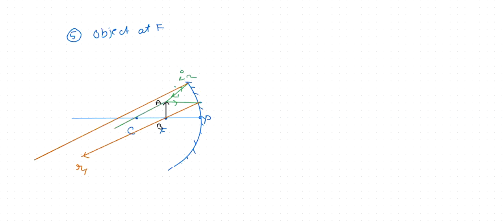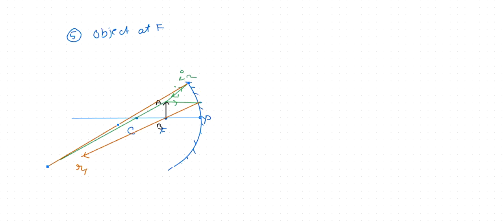Now my reflected ray, I'll delete and do it again. The reflected ray will be on the same path as the incident ray, which means it's parallel, and these will go and meet at infinity.